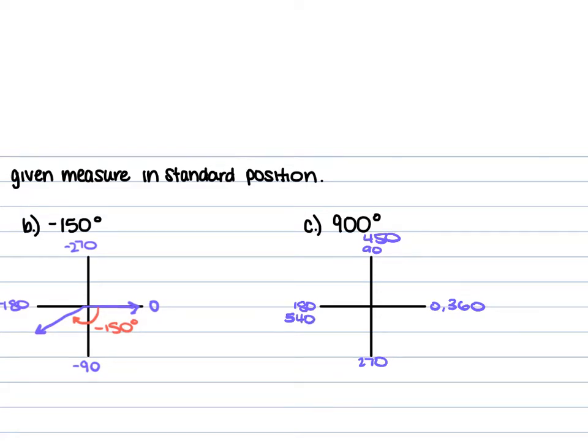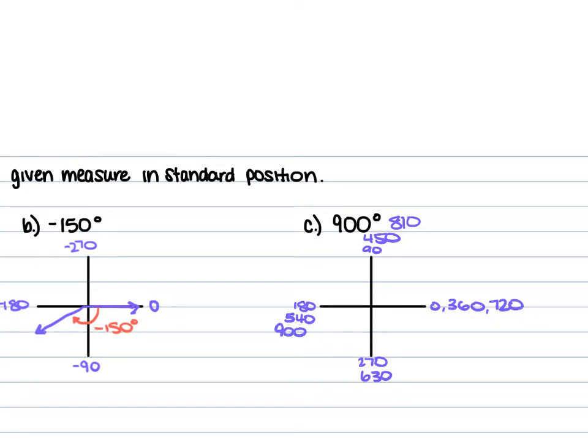If we add 90 to that, we're at 630. And then if we add 90 to that, we're at 720. This still isn't giving us 900, so we'll keep adding 90. This is going to be 810 on the top, plus 90 is the 900 that we're looking for.